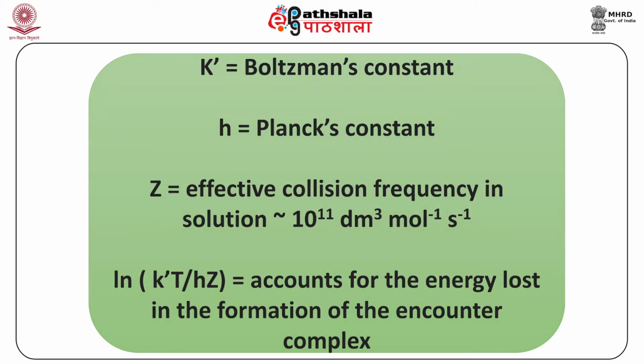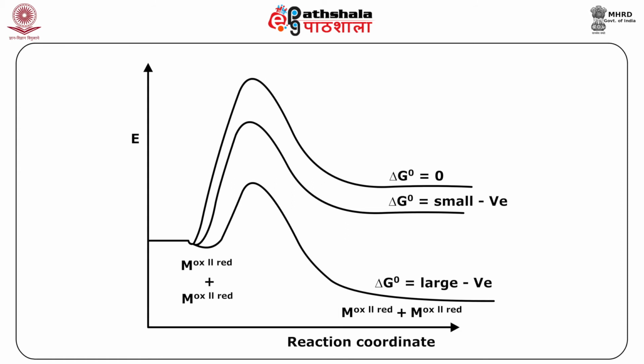Now, when the metal oxidant and reductant come closer together and electron transfer takes place, there is formation of the precursor complex, then the electron transfer process, then formation of the successor complex, then dissociation of the successor complex. But when they come close together, there are three cases for the change in free enthalpy.